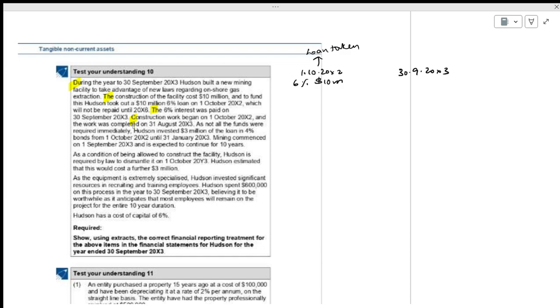The construction work began on 1st October and was completed on 31st August 2003.